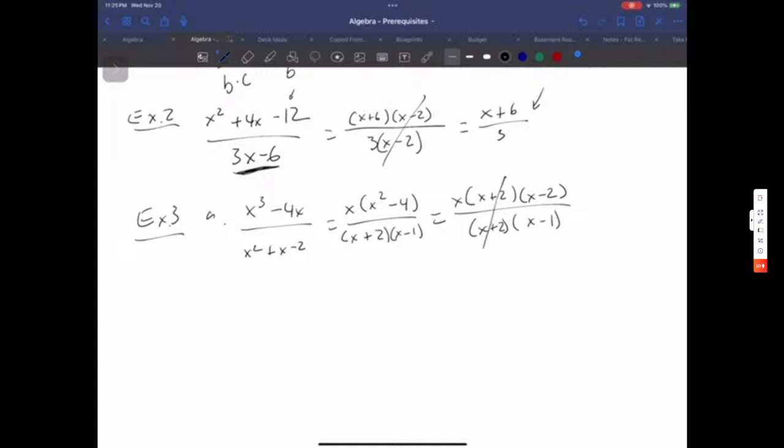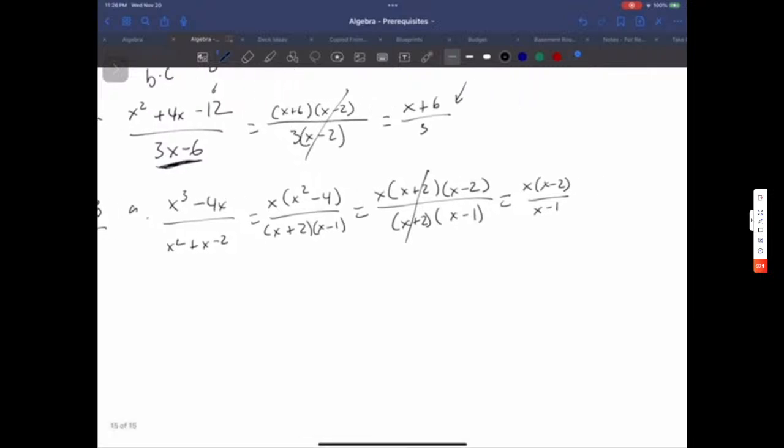X plus 2 is going to cancel out, and then we have x times x minus 2 over x minus 1. And remember, this original expression was 0 when, we have to carry along, I guess, x is not equal to negative 2, because that information was lost.